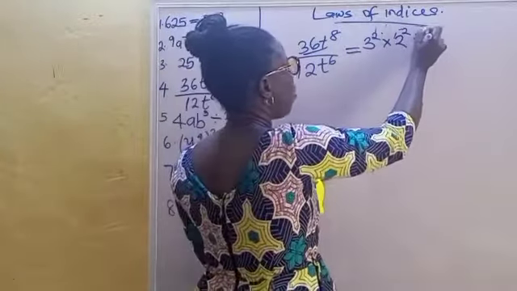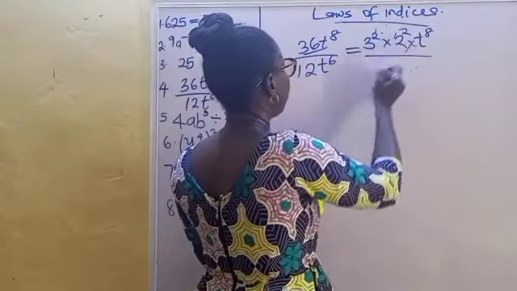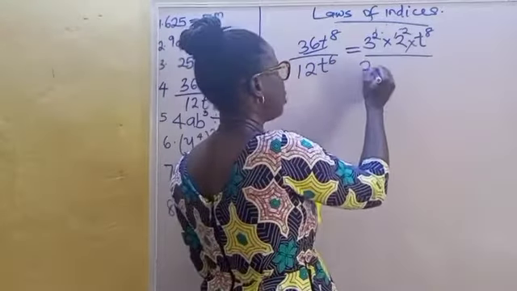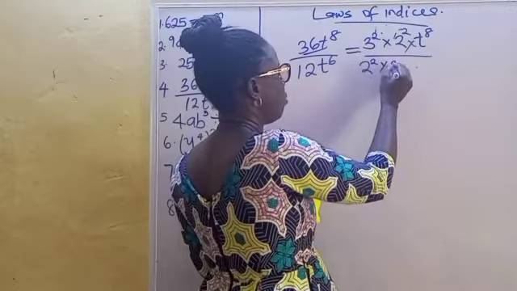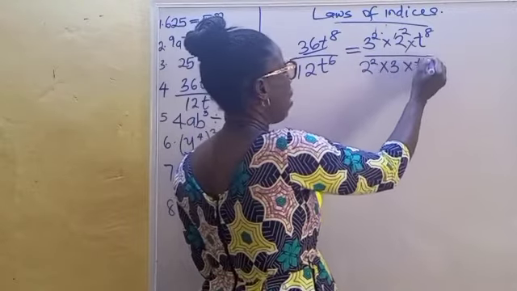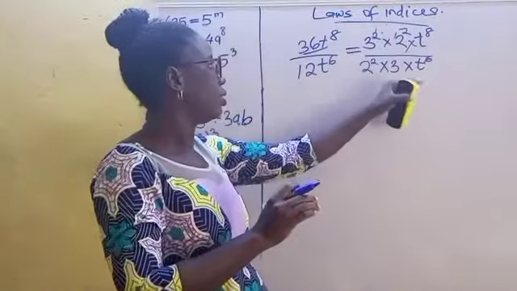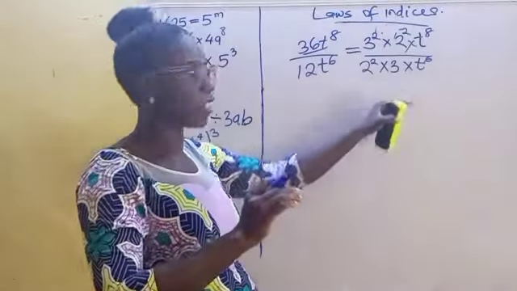So, 3 raised to the power of 2 times 2 raised to the power of 2, t raised to the power of 8, all over 12, which is 4 times 3, which is 2 raised to the power of 2 times 3 times t raised to the power of 6. Now, we're going to apply the laws of subtraction here.